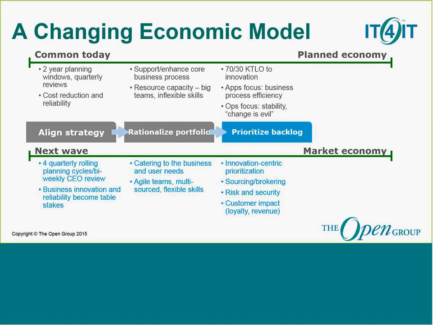This is really focused on business process efficiency, and operationally, it's focused on stability, almost a view that change is evil, and so changes wait until the next quarter or until after Christmas, all the kinds of policies that you're used to seeing.